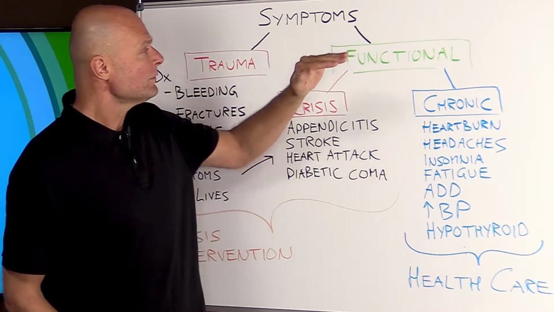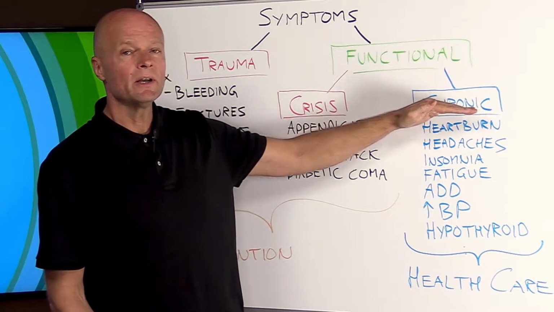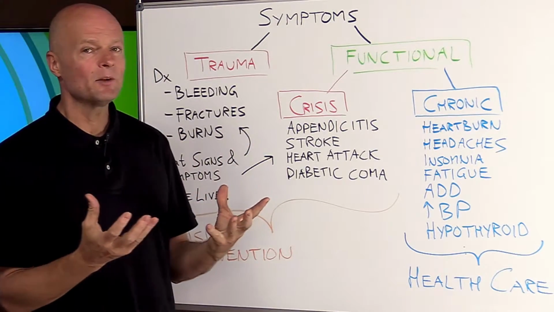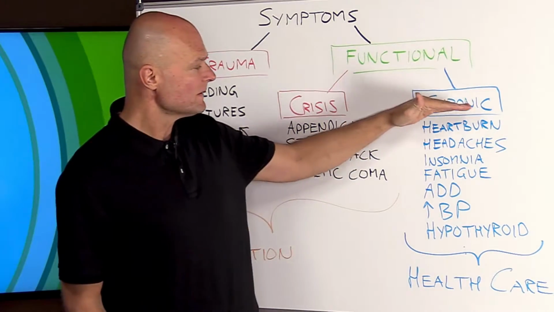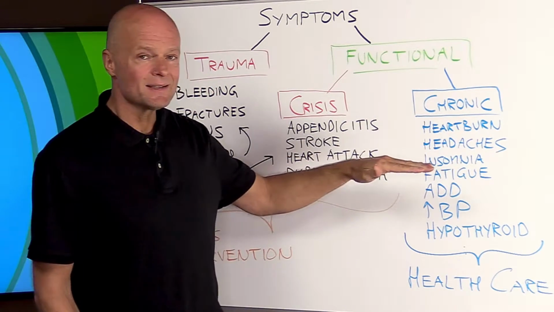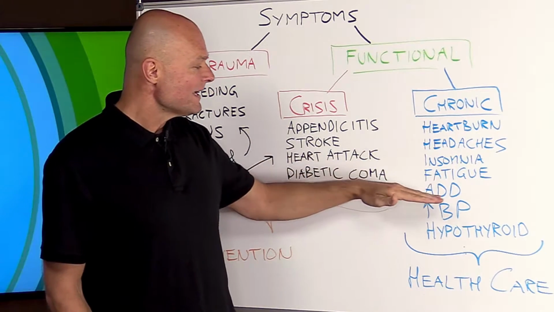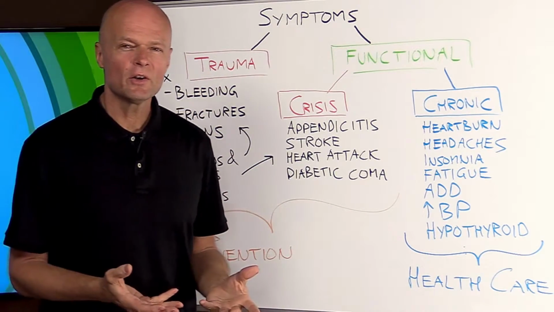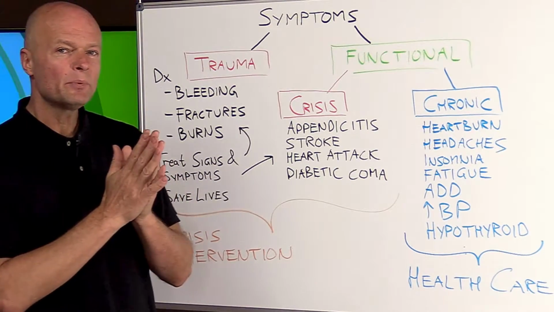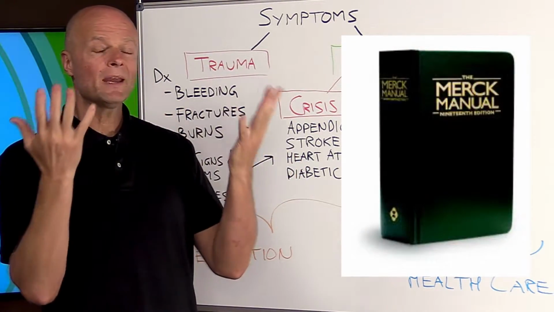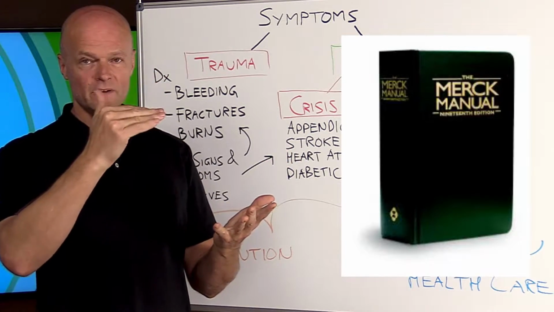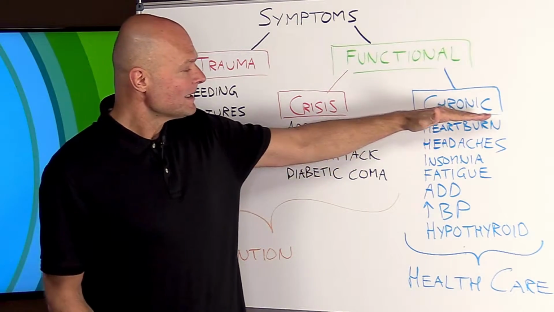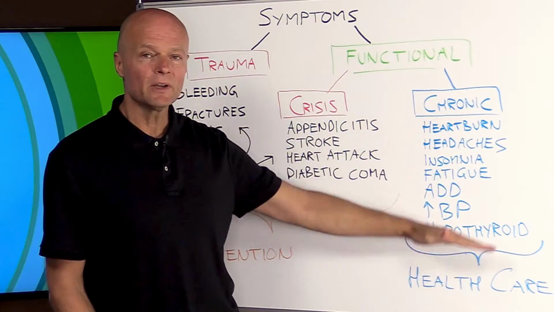If the functional problem is a chronic one and not life-threatening, then it is not so valuable to make a diagnosis, because these are things like heartburn and headaches, insomnia, fatigue, ADD, high blood pressure, hypothyroid, and the list goes on and on. If you open up the Merck Manual, which I don't recommend, where they have the 50,000 different diagnostic conditions and labels, you'll find that 99% of them are in this category.